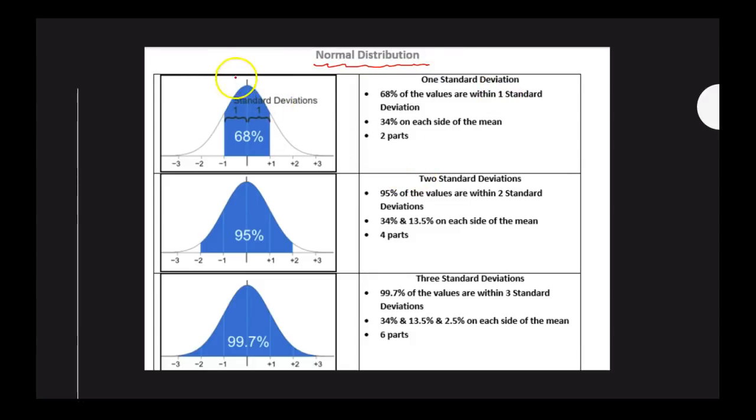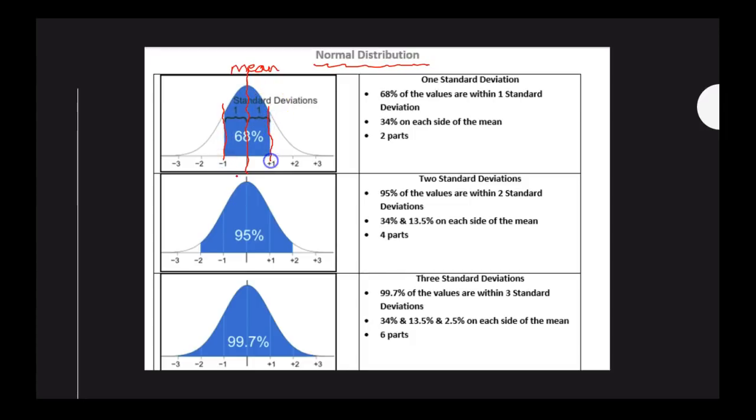In a normal curve, we know that the mean, the average, is right in the middle. And the standard deviation tells us how far the data is spread away from that mean.